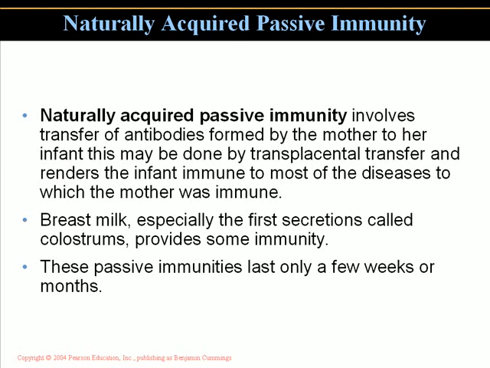These passive immunities last only for a few weeks or a few months. Then eventually the newborn, as their immune system develops, will begin to form their own antibodies. But in the interim, while in utero, and in the first few weeks, months after the baby's been born, the mother will transport or transfer the immunity in what's referred to as naturally acquired passive immunity.